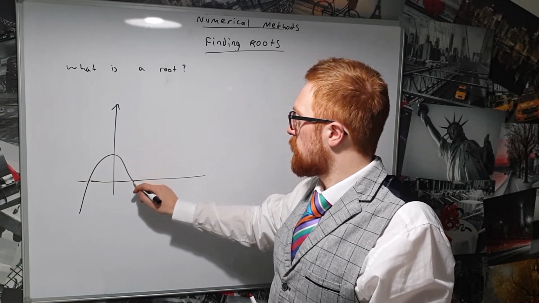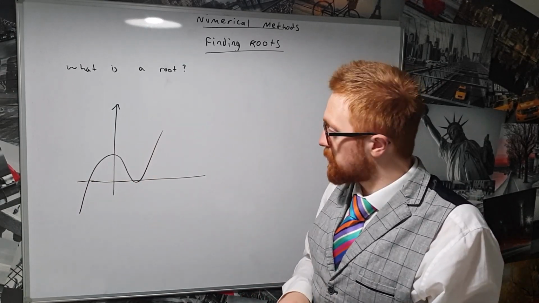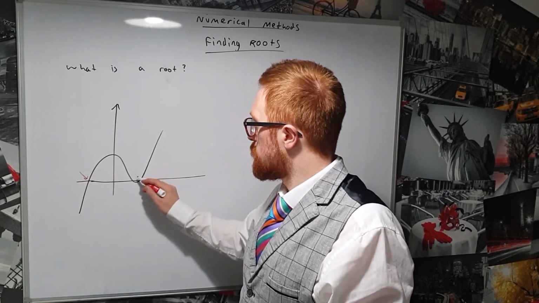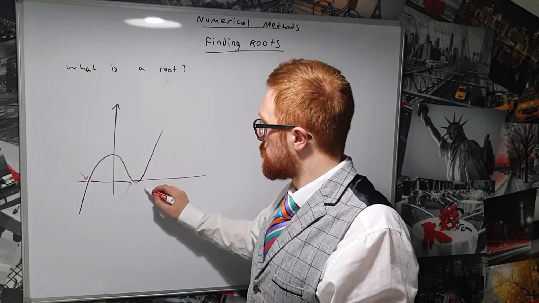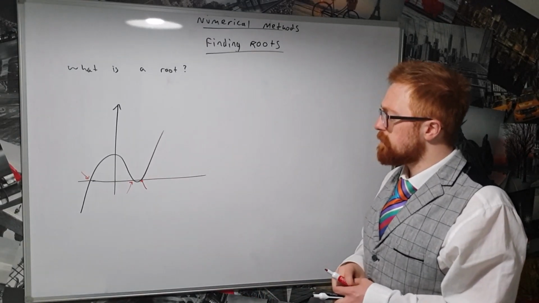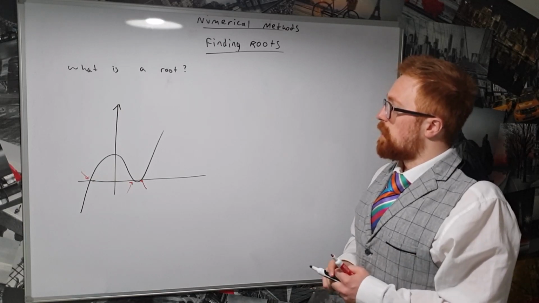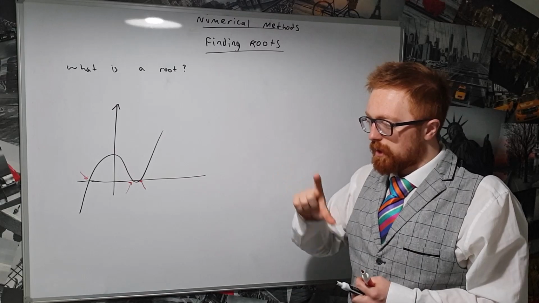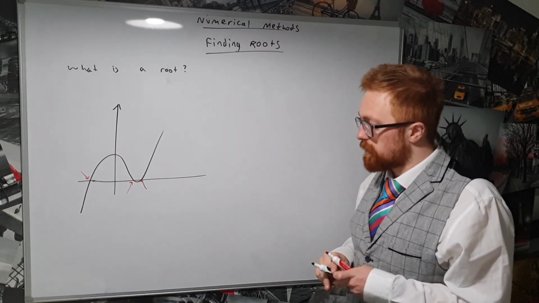So if we look here, for example, this curve has three roots. This point here is a root, this point here is a root, and this point here is a root. Okay, so for this first bit we need to see what's actually happening to the curve close to this root.